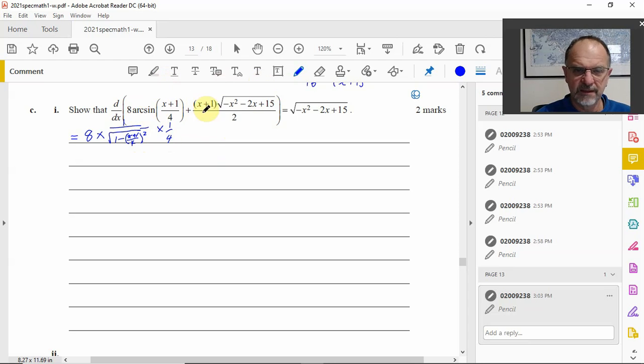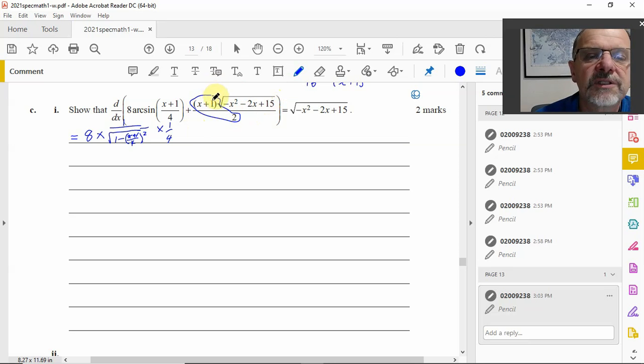The second term here is the x plus 1 times the square root. So here we've actually got a product rule as well, but then we've got a square root of something, so there's chain rule involved in that. I'm going to link the x plus 1 on 2 together.